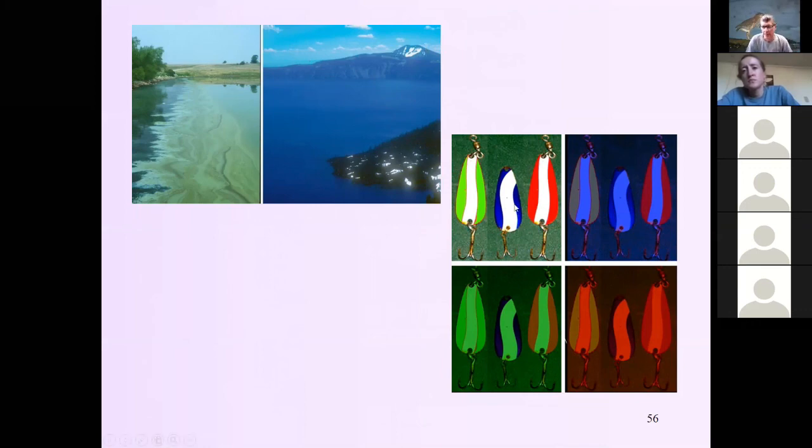Here we're down deep in an oligotrophic lake, so we've got mostly blue light. This is what these look like down there. Then in a mesotrophic lake, which is somewhat green, this is what they look like. And then we get a red filter, so it's mainly red being transmitted in this one, and this is what they look like down there. So when there's just red light, there's not much you can see.